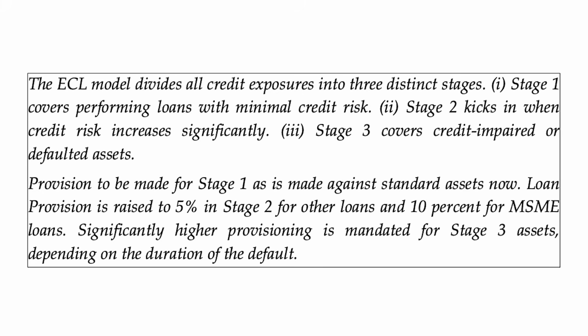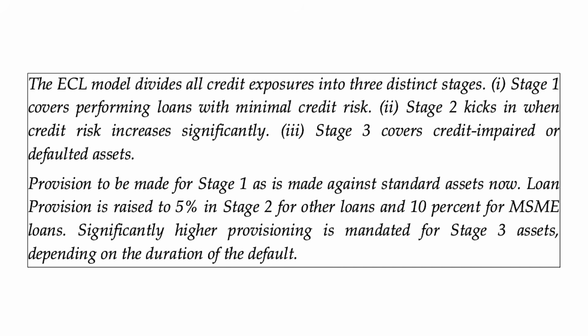The ECL model, as I was telling, divides all credit exposures into 3 distinct stages. Stage 1 covers performing loans with minimum credit risk, that is up to 30 days. Stage 2 kicks in when credit risk increases significantly, that is, when the overdues rise beyond 30 days. And stage 3 covers credit-impaired or defaulted assets.